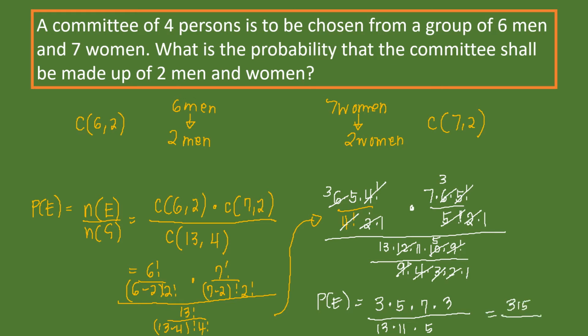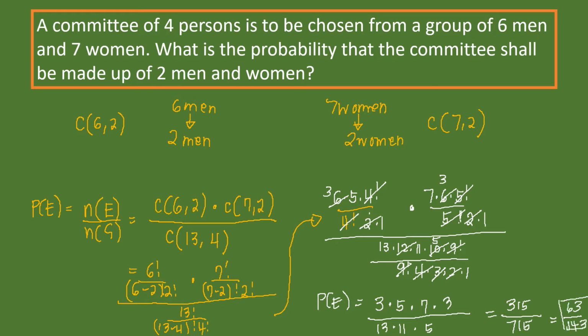And 13 times 11 times 5 gives us 715. So if I divide both of them by 5, to express it in lowest terms, I will get 63 over 143.